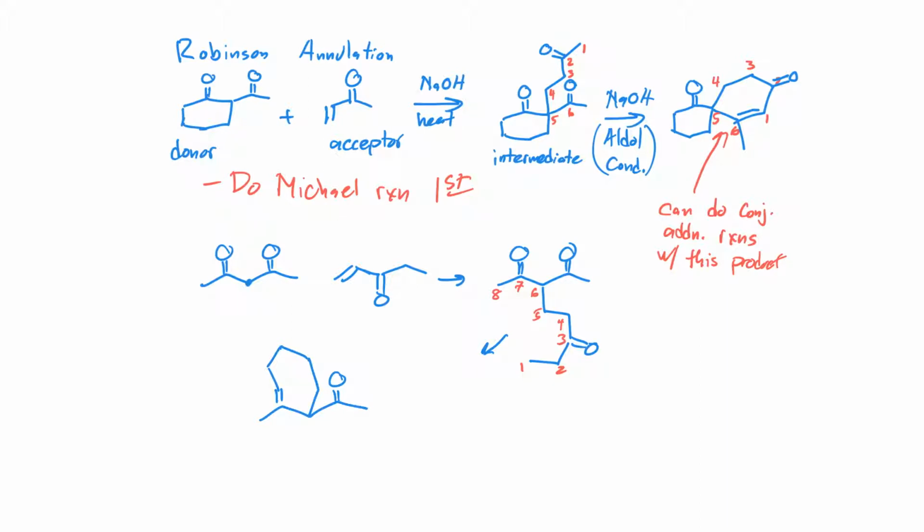So let's just see if I've added those correctly. It is quite possible that I left a carbon out. That's why I'm going to number everything. 6, of course, is the branch point right here where I've added that new bond. And then 5 is the first carbon of the ethyl vinyl ketone.